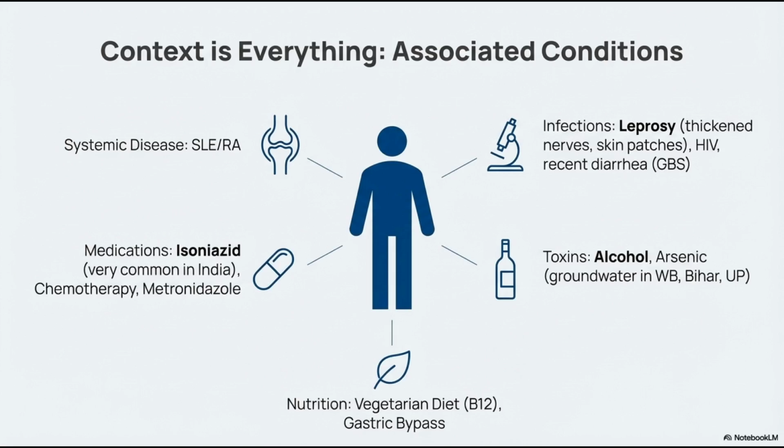Nutritionally, vegetarian diets, B12 deficiencies, gastric bypass where there will be malabsorption, and then toxins like alcohol and arsenic. Infections like leprosy, where nerves are thickened, peripheral neuropathy is seen in leprosy also. And if there is a recent diarrhea history, you must definitely rule out Guillain-Barré syndrome.